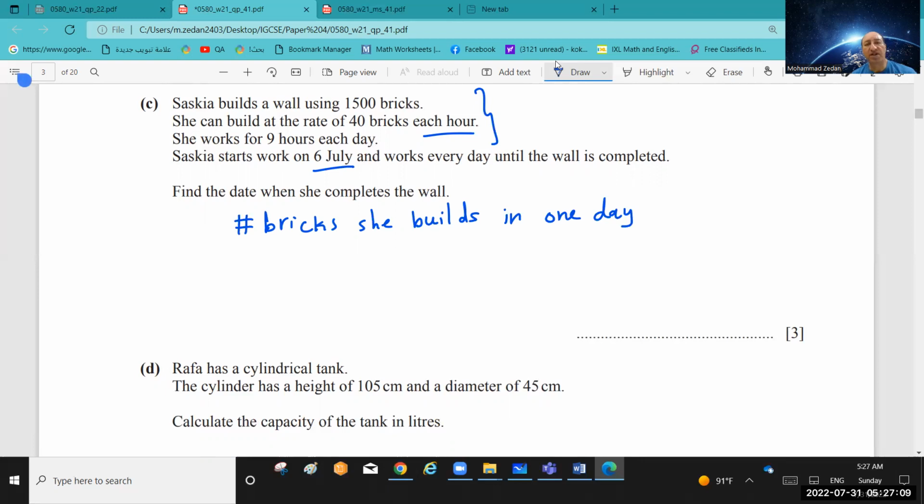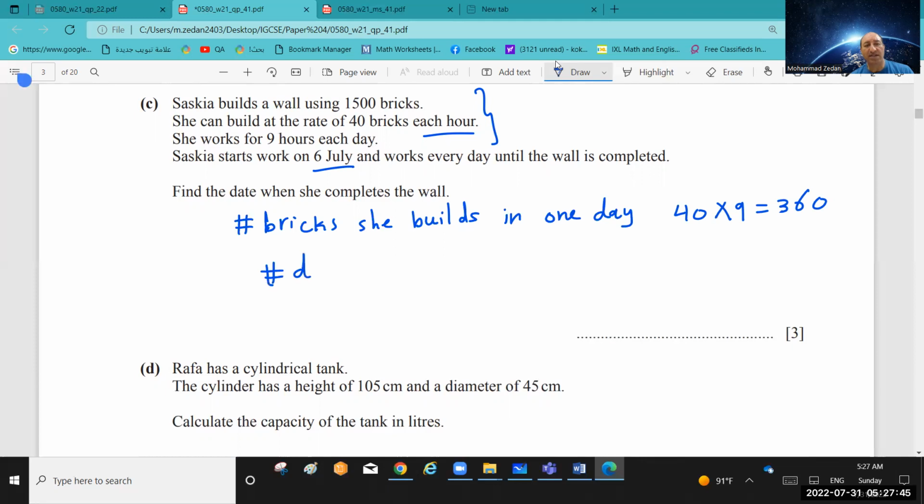She works at this rate, 40 bricks each hour, and she has 1,500 bricks. So multiply 40 per hour times the number of hours. 40 times 9 gives you 360. I multiplied the number of bricks per hour times the number of hours, so this is the number of bricks in 1 day. So I need to divide now to find the number of days.